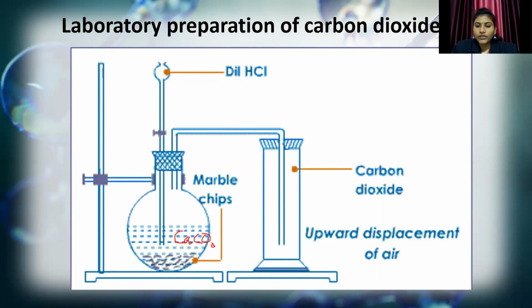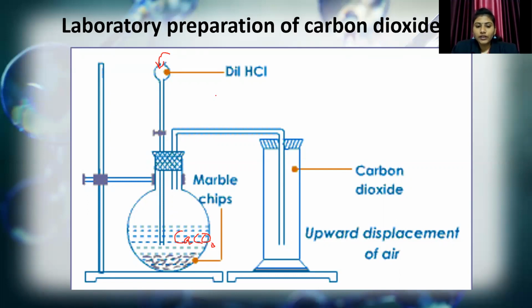After setting up all these things, we close it, and here we have the thistle funnel. Through this, we are pouring dilute hydrochloric acid. This is the second reagent for preparing carbon dioxide. The first one was calcium carbonate and now dilute HCl is poured through the thistle funnel.